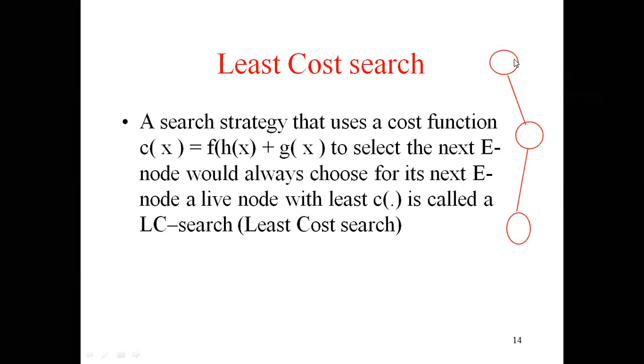The amount, that is the effort you incurred or invested, that is f(h(x)). Whereas the additional cost from x to the solution node, that is g(x). Additional cost, additional effort needed, that is g(x).